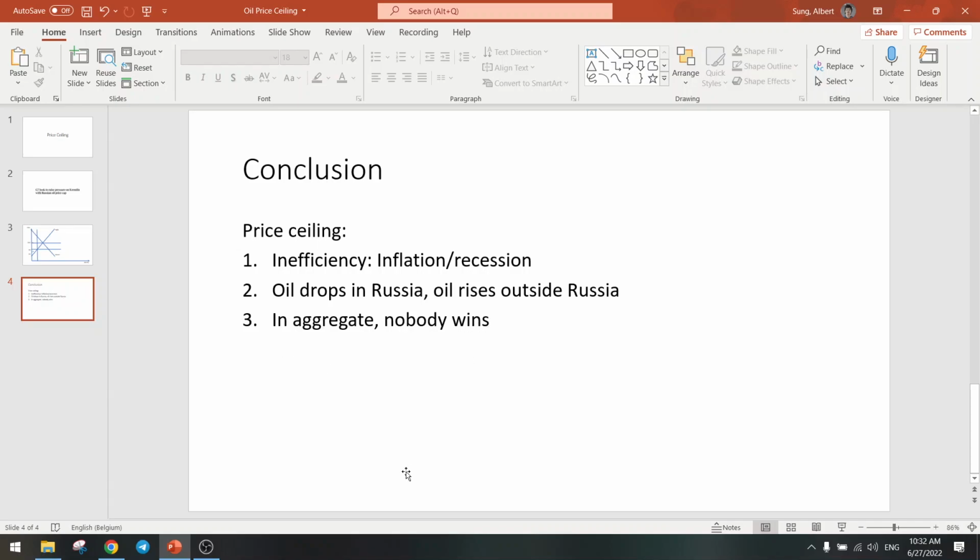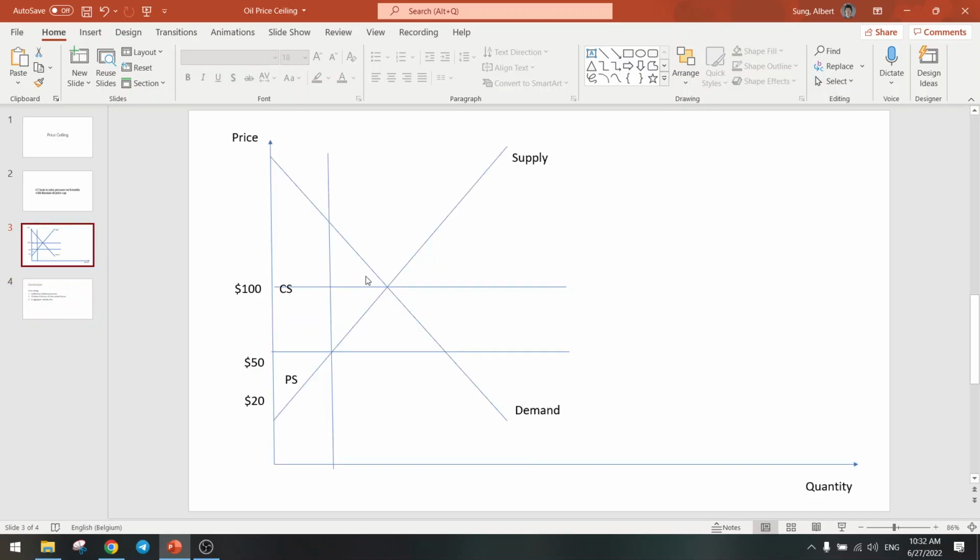And the final conclusion is that in aggregate, nobody wins. Why does nobody win? Because when you look at this curve here, in the beginning we had this big triangle, which is the total value due to capitalism. But then they shifted the curve to the left due to the price ceiling. And then we have this small triangle that is actually lost. We call this deadweight loss.